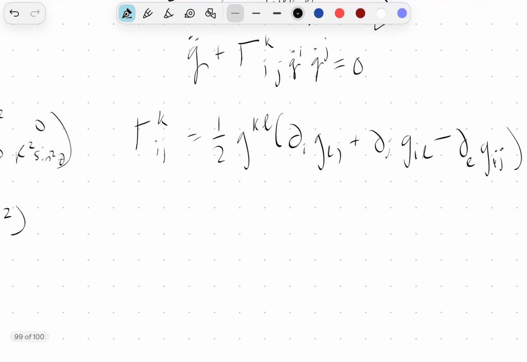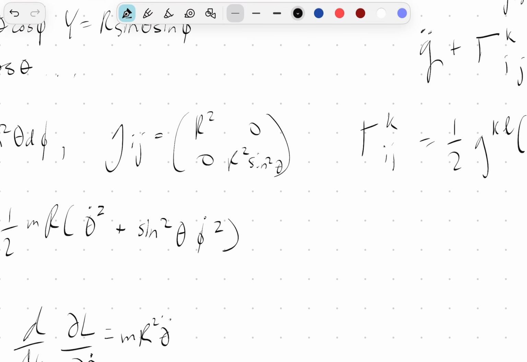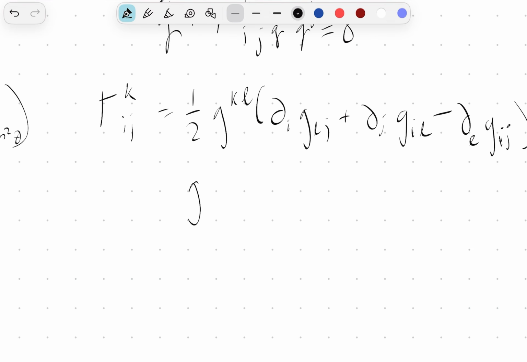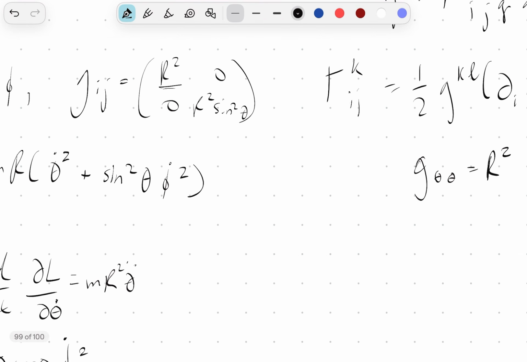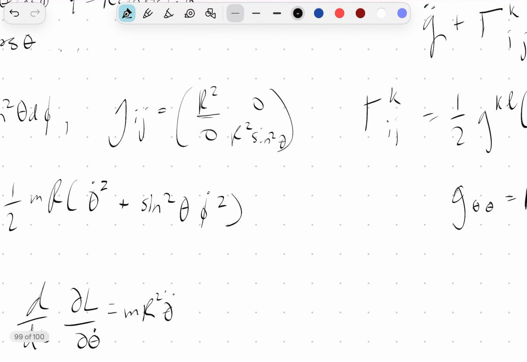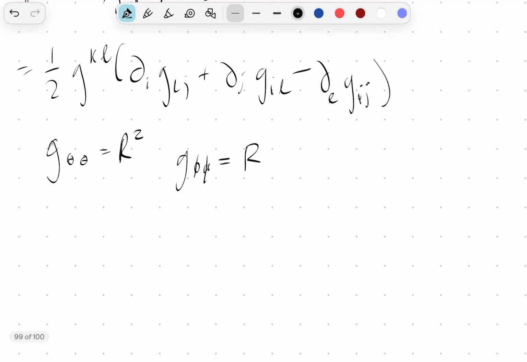And then for example, our metric that we chose, using the general formula, g theta theta would be r squared, right? And then g phi phi would be r squared sine squared theta.